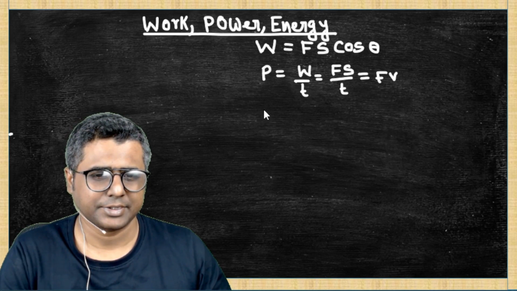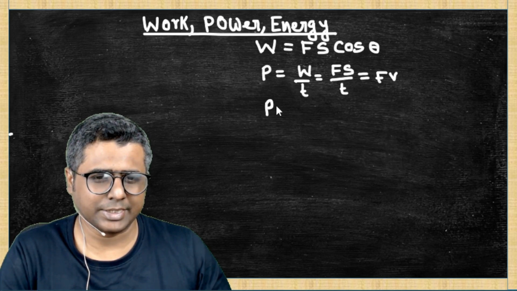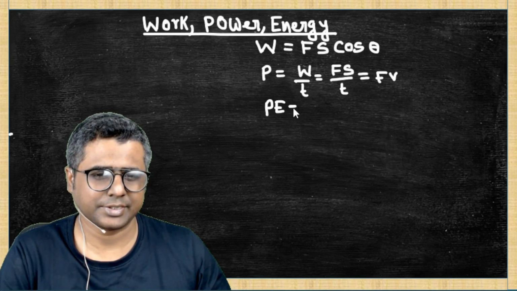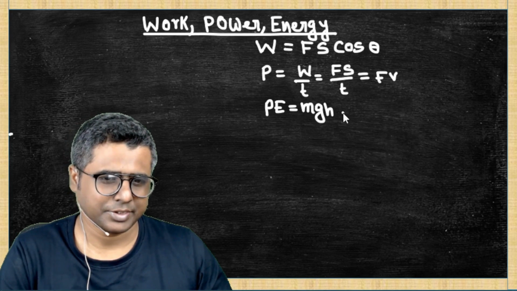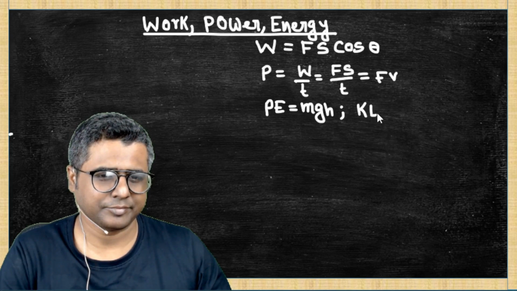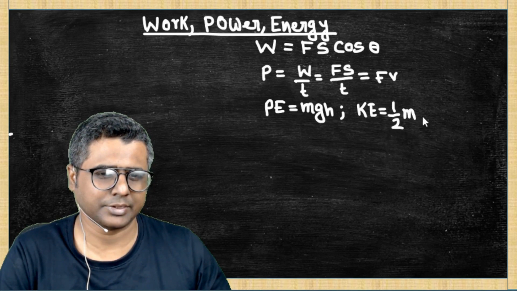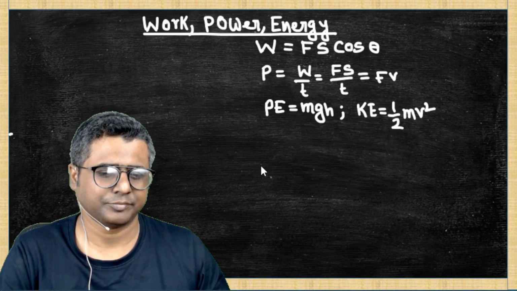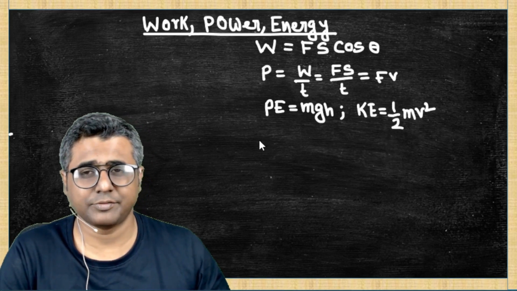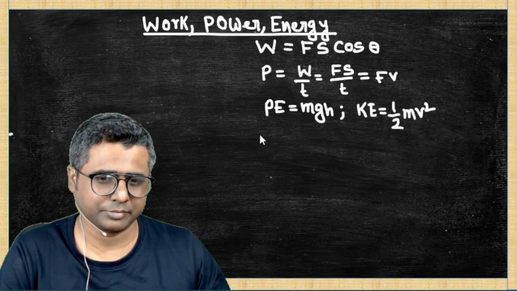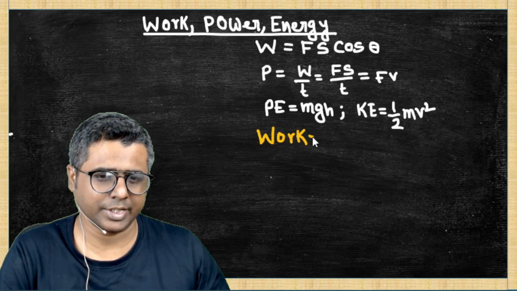Next we have to do other formulas too. Formulas like potential energy is mgh, kinetic energy it is half of mass into velocity square. Next there is a very important theorem that is called work energy theorem.